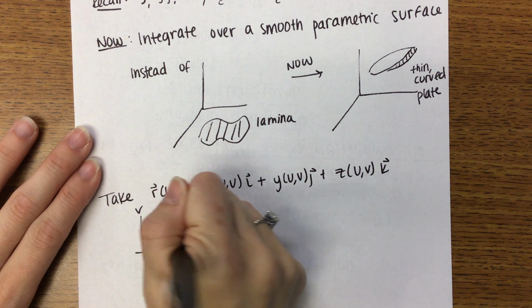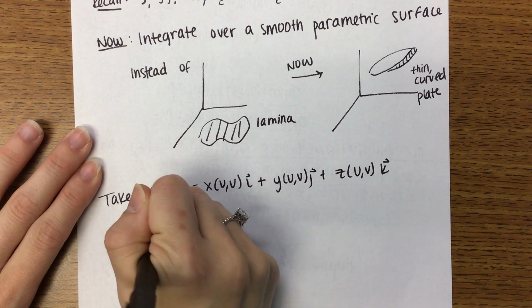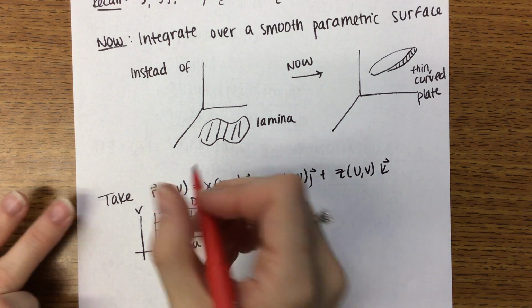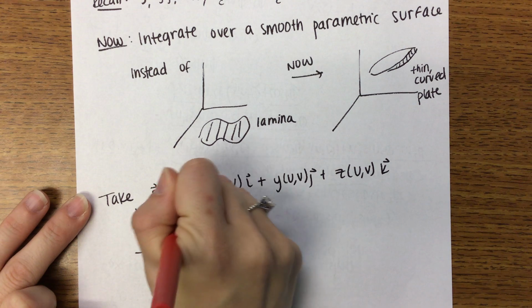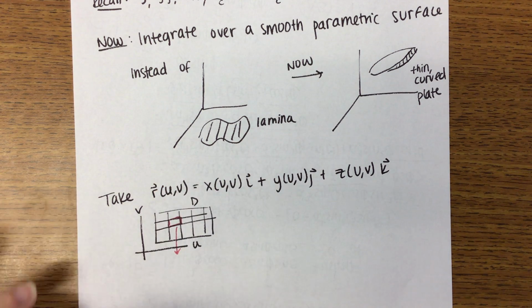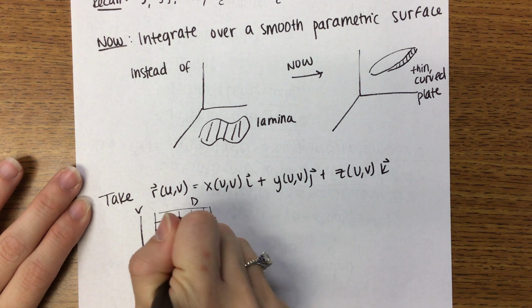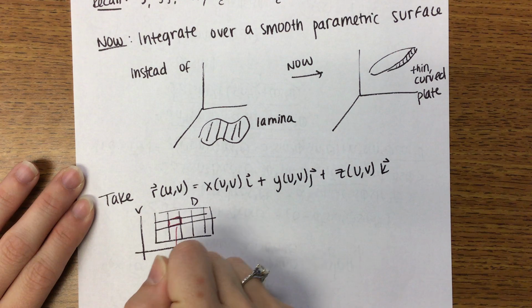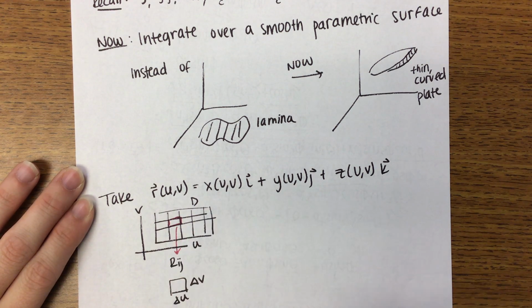Like before, we're going to split this up into little pieces. And we're going to choose one box, let's say this one. We are going to label that specific box R of ij. This side is delta u, this side is delta v.